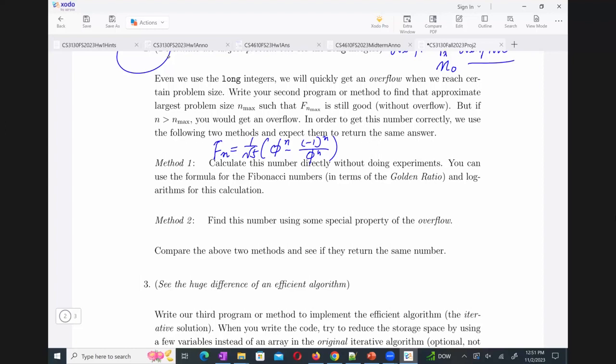Here, I use Java as an example, not Python. Python, the story is different. So in Java, we use the long integer data type, a 64-bit integer.